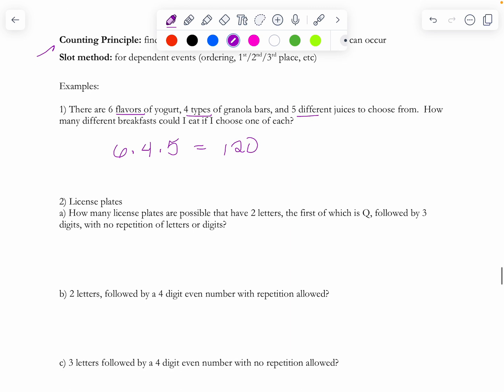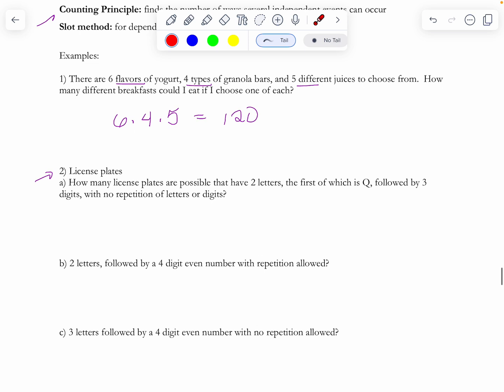Now, the next type of problems we have are license plate problems and phone number problems, and I like to use what's called the slot method with these. It's going to say, how many different license plates are possible that have 2 letters, so I'm going to do 2 slots for letters, the first of which is a Q, followed by 3 digits, with no repetition.